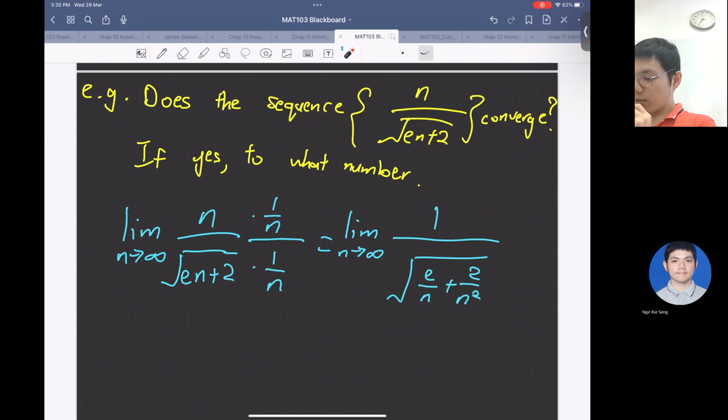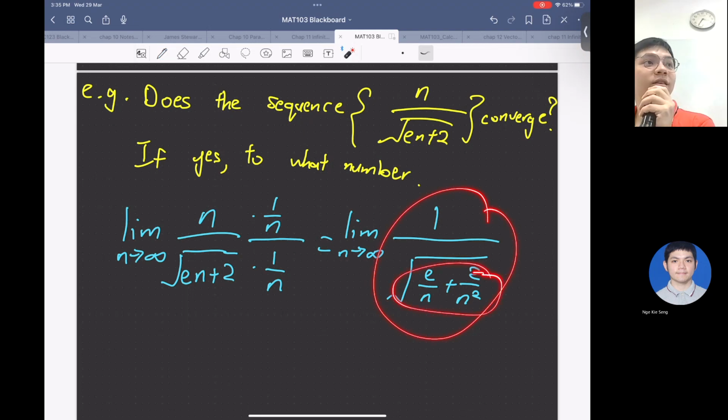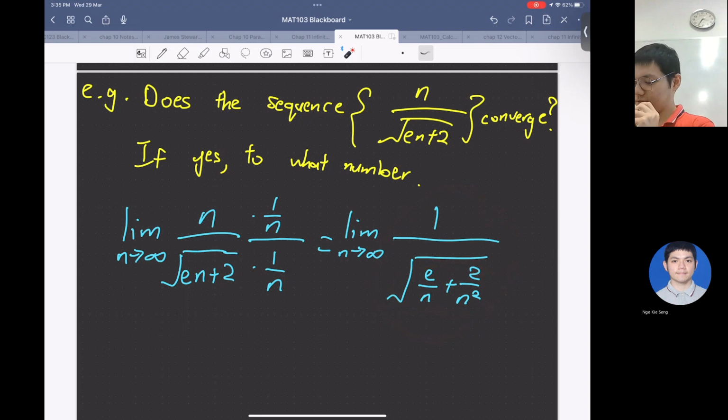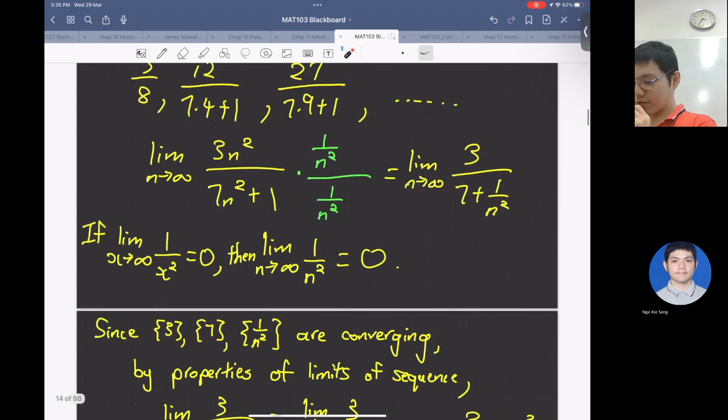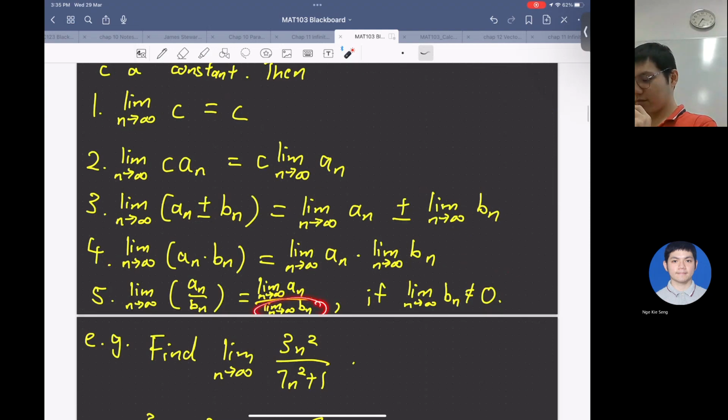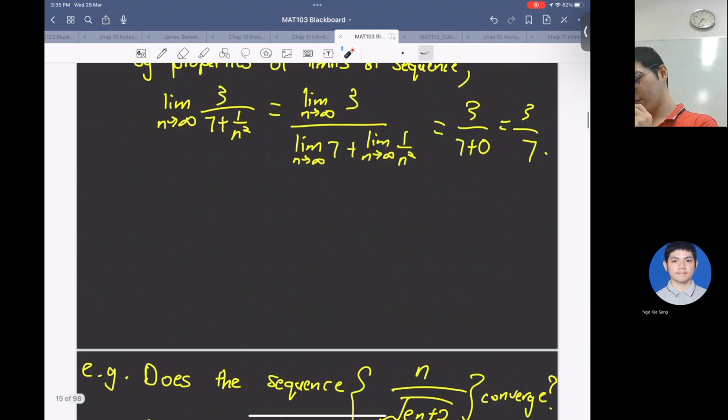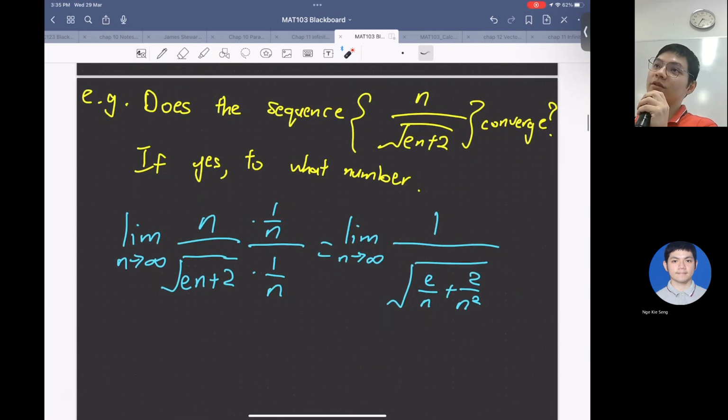Then in this case, the bottom here will converge to 0. Although both of them are converging, just now remember we don't want the bottom one to converge to 0. So maybe this is not quite helpful if we want to use the formula.